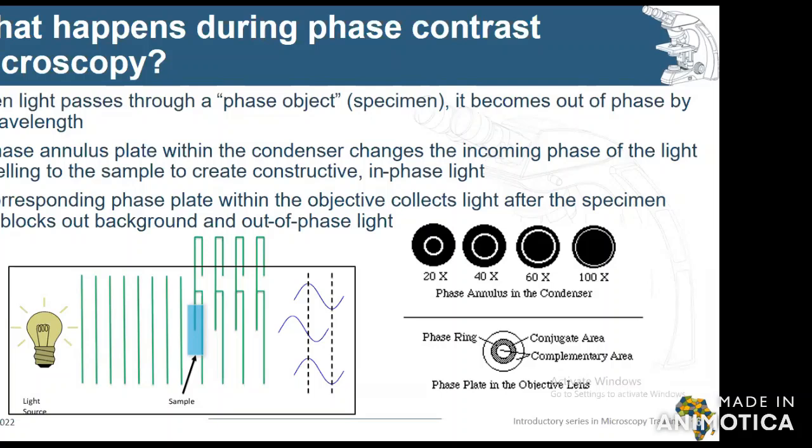That phase annulus is just a specialized device, a specialized condenser, and it's the one that creates that constructive change. Then a corresponding phase plate within the objective will collect the light after the specimen. Then it blocks out the background and out-of-phase light.